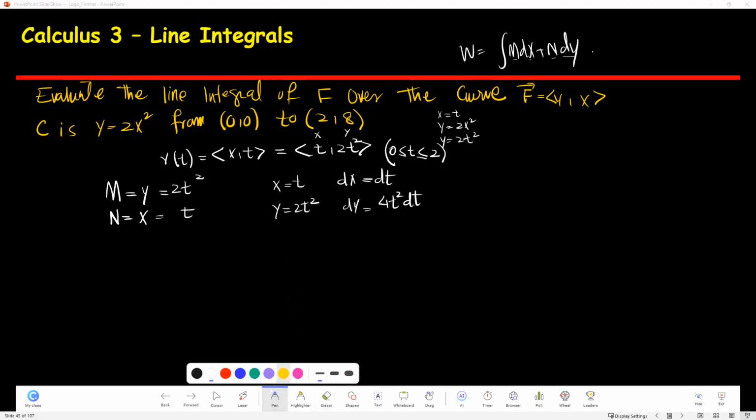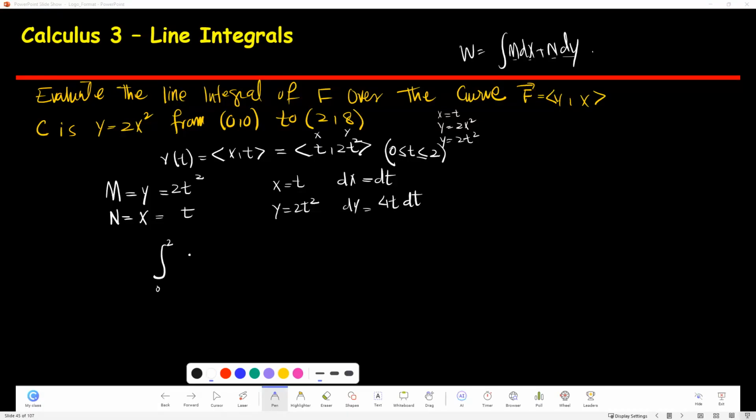Alrighty, I think I'm in good shape to just substitute the values inside my integral. Oops, no, it's not t squared, it's just t, and 4t. I'm going to take my integral from 0 to 2 as my limit.